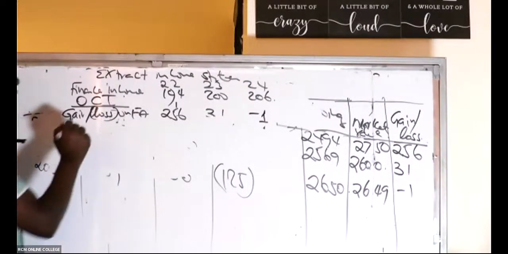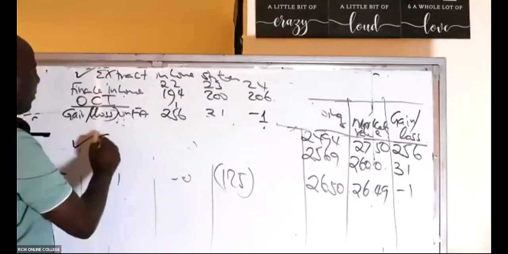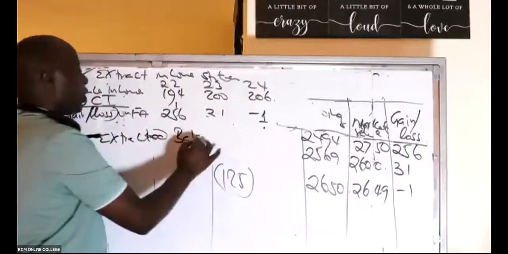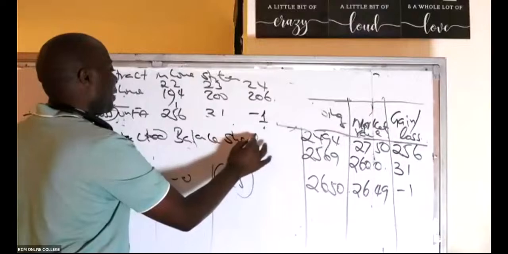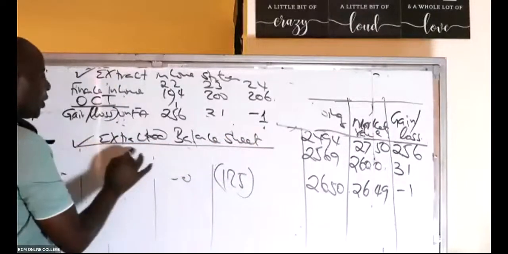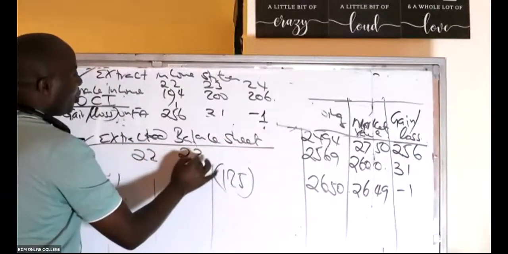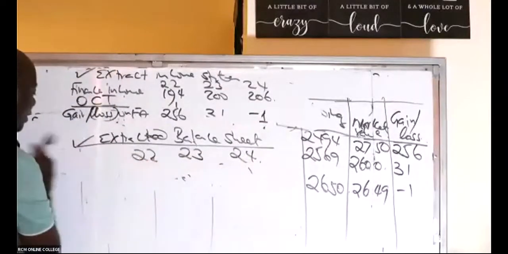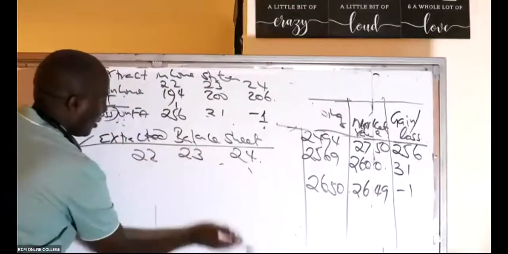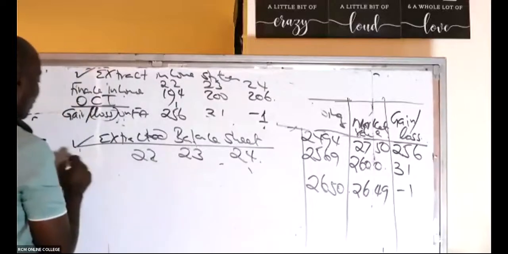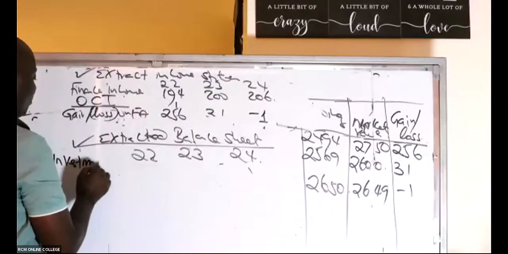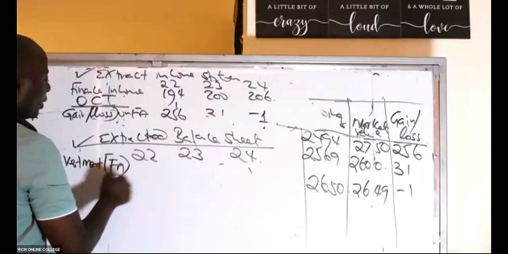That's the extracted income statement. Then we have the extracted balance sheet, with our three years, 22, 23, 24. We have our investment. Remember, we took this as an investment, a financial asset or financial instrument.